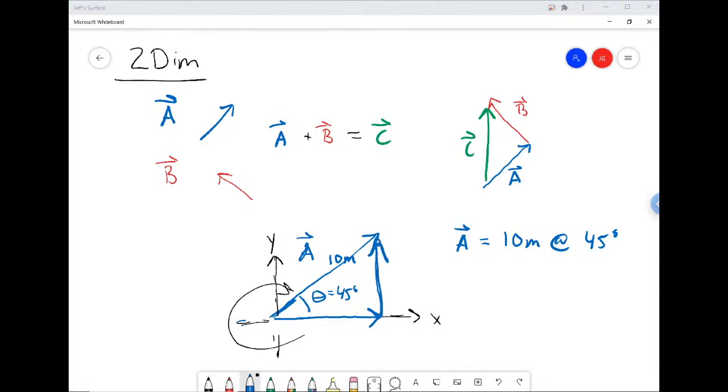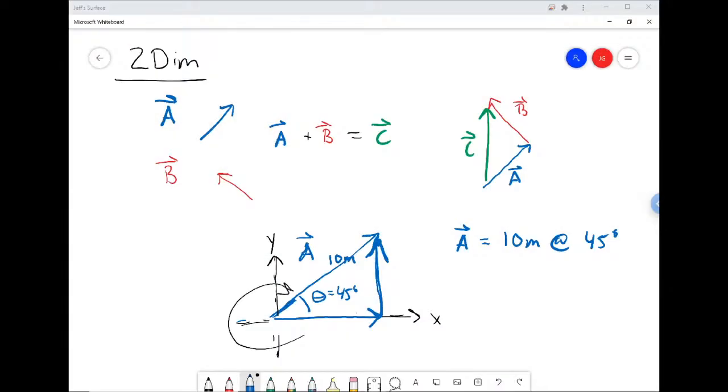Okay, so using the tip-to-tail way of thinking, A is the sum of these two components, and one of them points just along the x-axis and the other one points just along the y-axis.